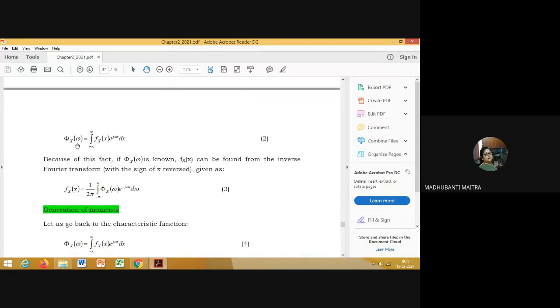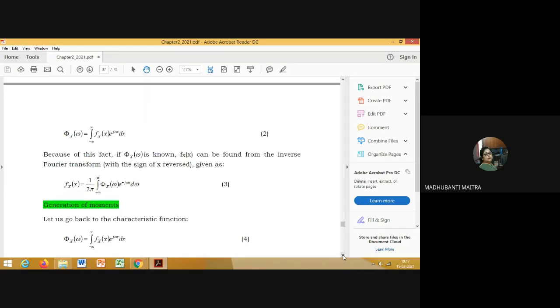So this is called the characteristic function, which can be used for generating moments. So phi x omega is equal to the integration from minus infinity to plus infinity of fx e to the power j omega x dx. And if you want to find fx from this expression, then fx will be given by 1 by 2 pi times the integration from minus infinity to infinity of phi x omega e to the power minus j omega x d omega. Okay.